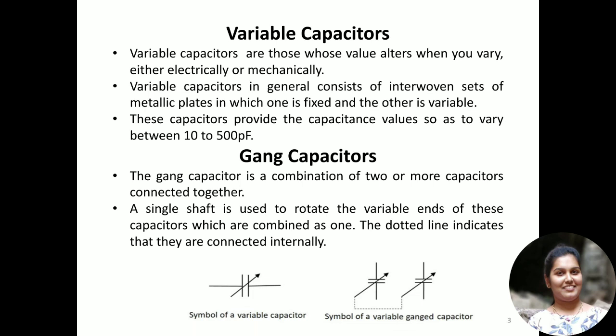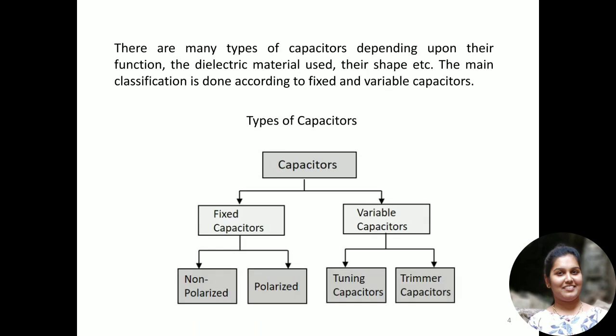So now we'll see the basic classification of the capacitors, right? There are many types of capacitors available depending upon the function, the dielectric material and the shape. But the main classification of the capacitors is done according to fixed or variable capacitors. As you can see on the screen, we have two basic classifications of capacitors.